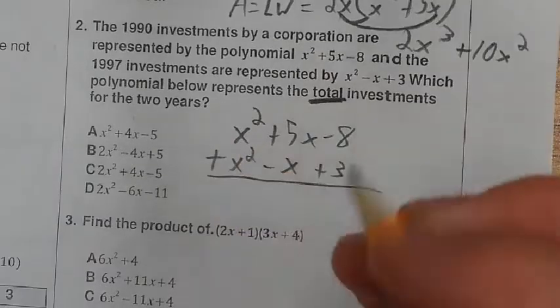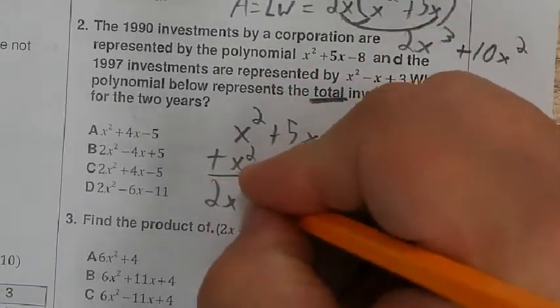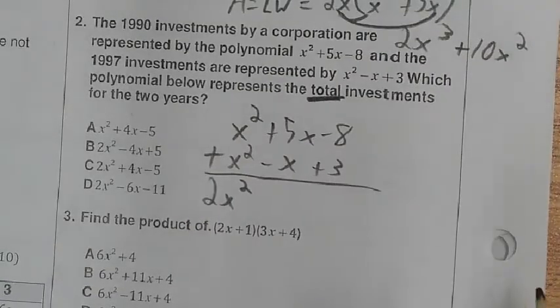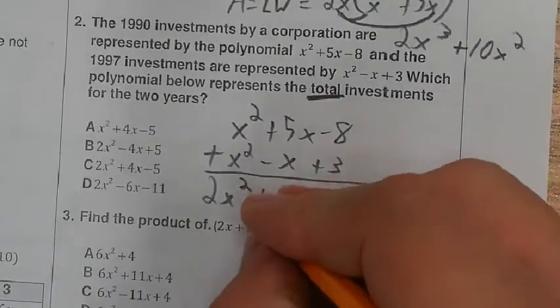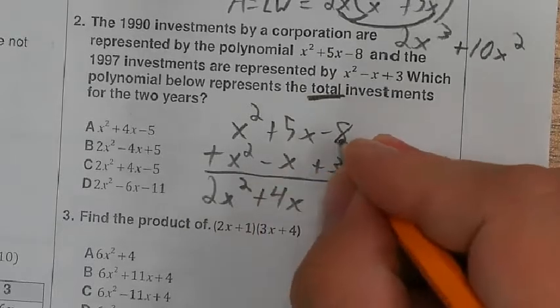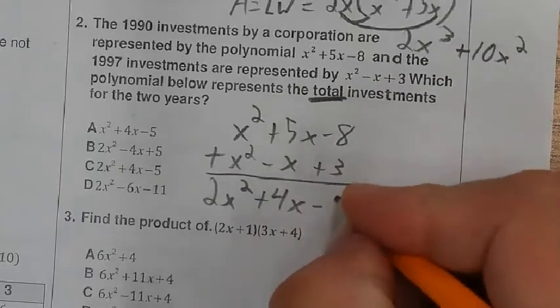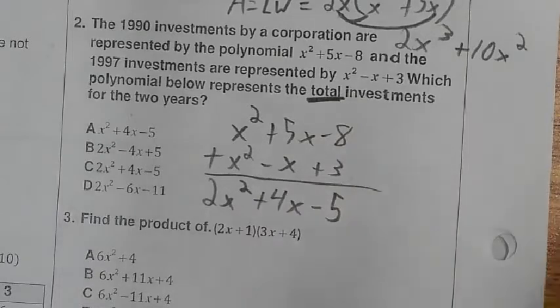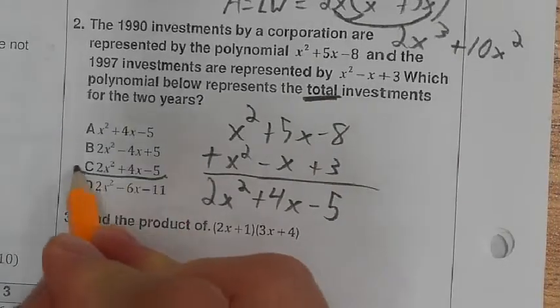So the same thing here. 1x squared plus 1x squared is 2x squared. What's 5x minus x? 4x. And what is negative 8 plus 3? Negative 5. So the correct answer you should have gotten for this one is C.